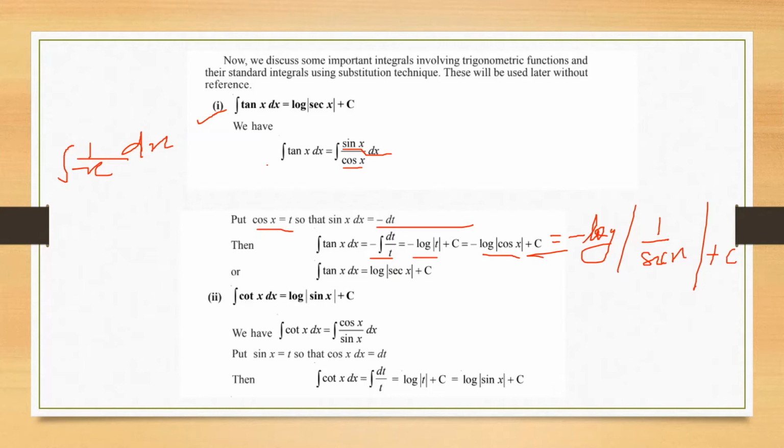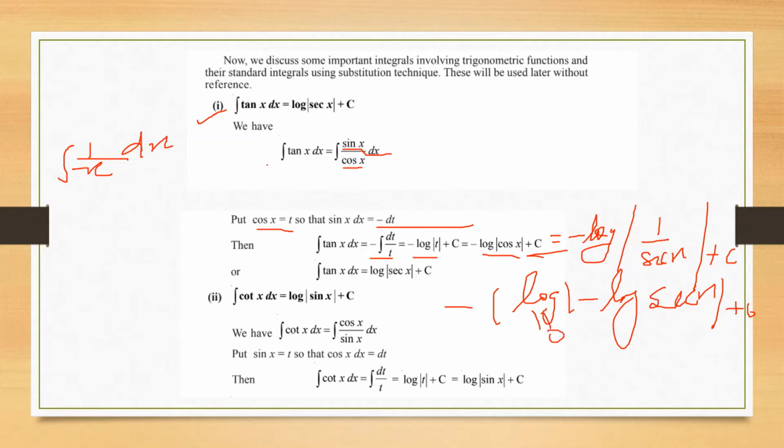Now apply the property of log: log of a upon b is log a minus log b. So it becomes log 1 minus log secant x, and this minus sign is outside. Now what is log 1? Log 1 is 0.